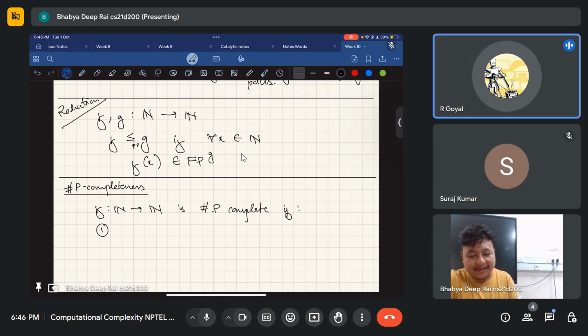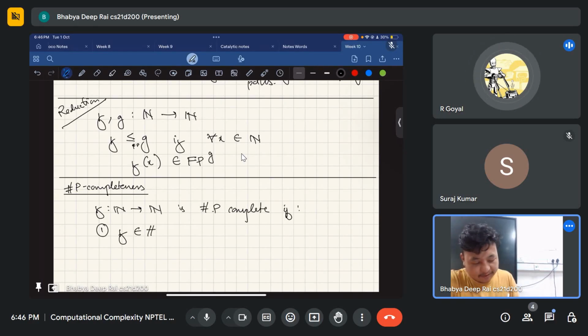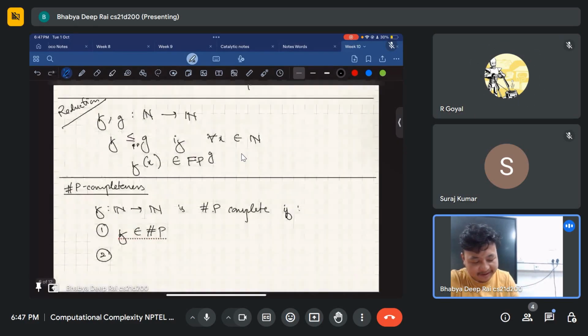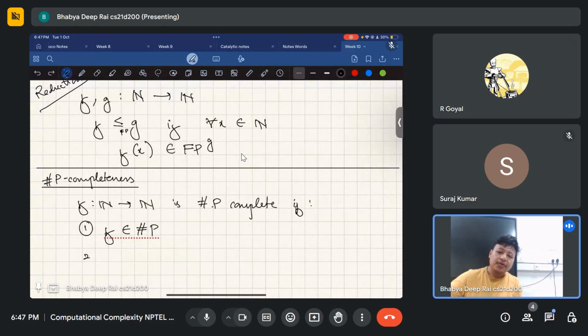So that problem should belong to that complexity class. Exactly. And the problem should be complexity hard. Exactly. So hardness means every problem in that class should reduce to that problem.